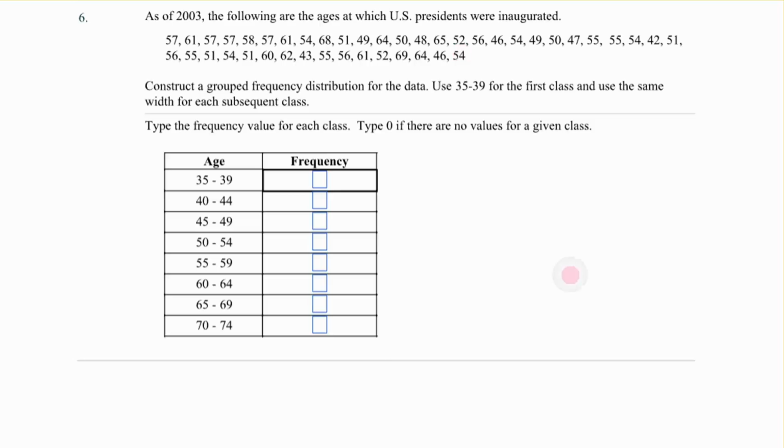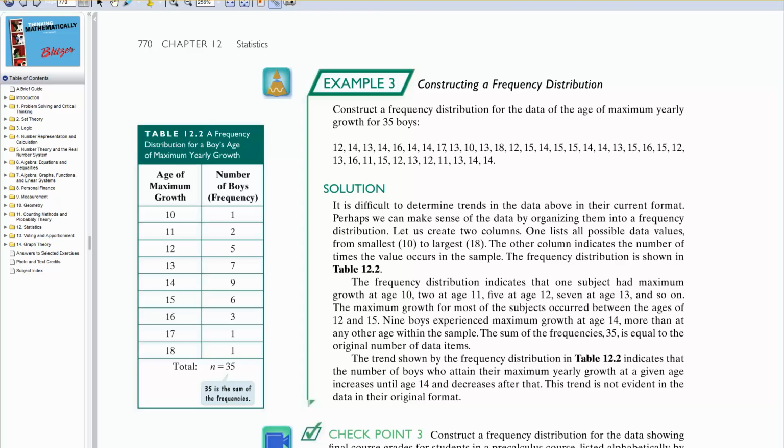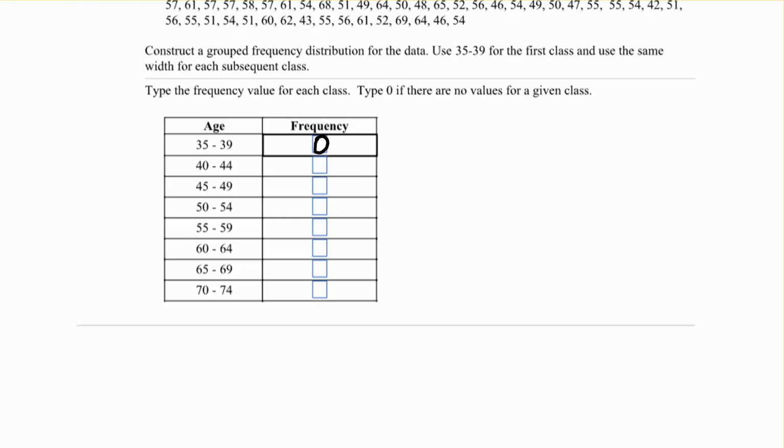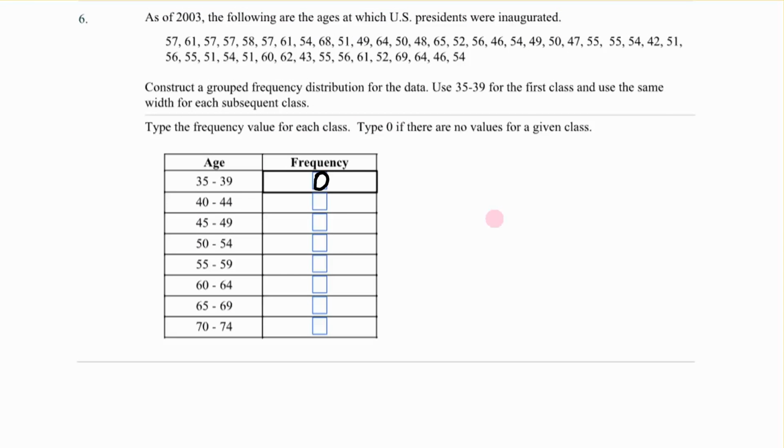And there are 0. 40, whoops, I'm so sorry. 40 to 44. There's 1. There's 2. And there are exactly 2 in that class.